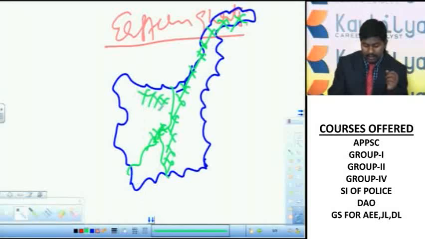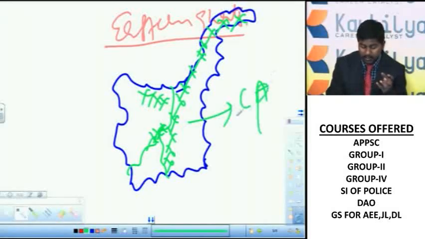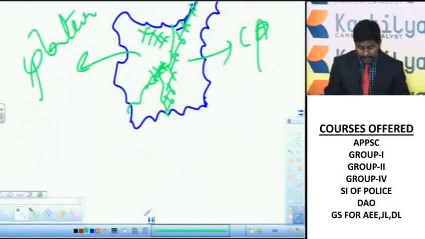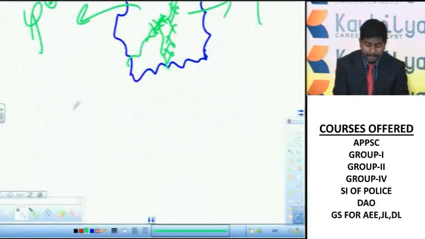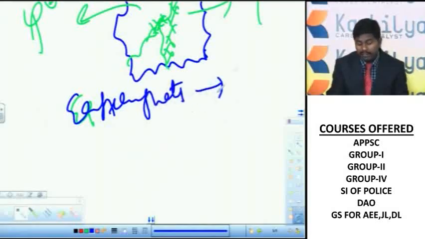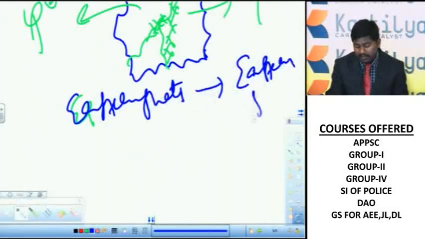These are the hills or ghats sandwiched between the coastal plains and the plateau region. The Eastern Ghats of Andhra Pradesh are part of the Eastern Ghats of India.